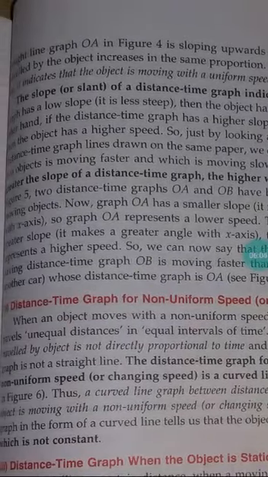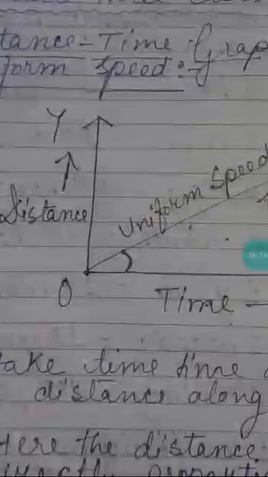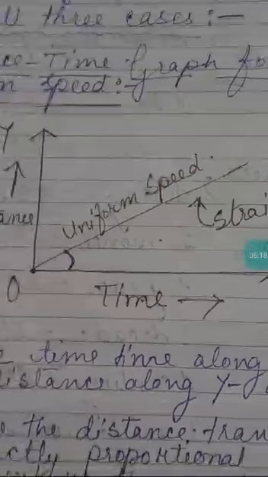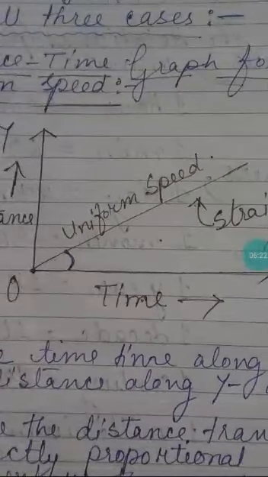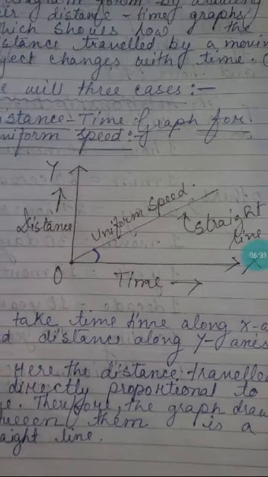Therefore OB is considered to have higher speed than OA. Is it clear to you students? See here, this is the slope, this is the angle this straight line is making with the time axis, that is the x-axis. That is the speed, which is also called slope, right?